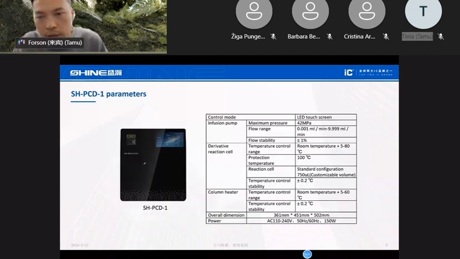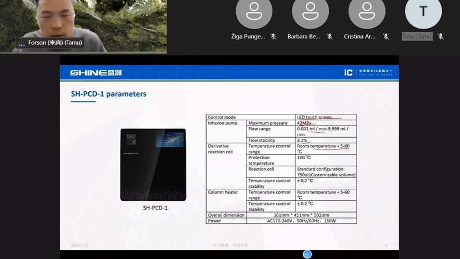Here is our instrument PCD1. It means post column detector 1. And here are some parameters. This instrument uses a touch screen to control the instrument, and it has one pump inside, and this is the parameter for it.